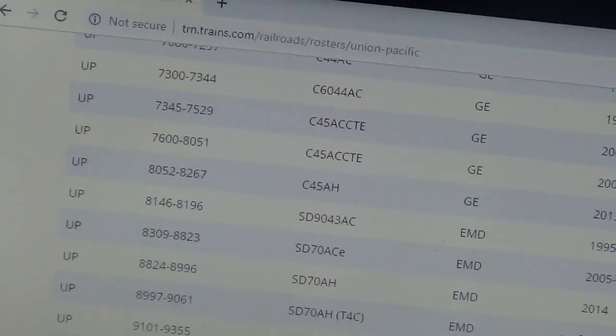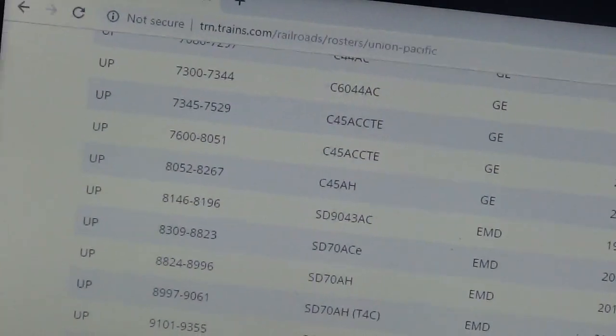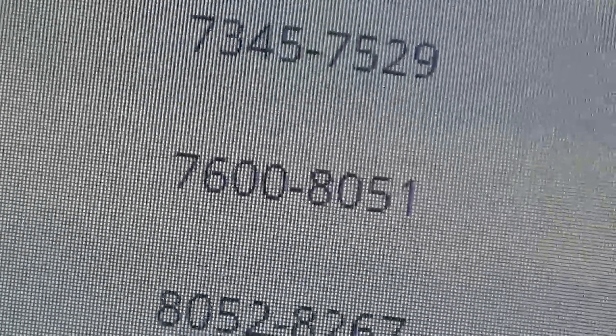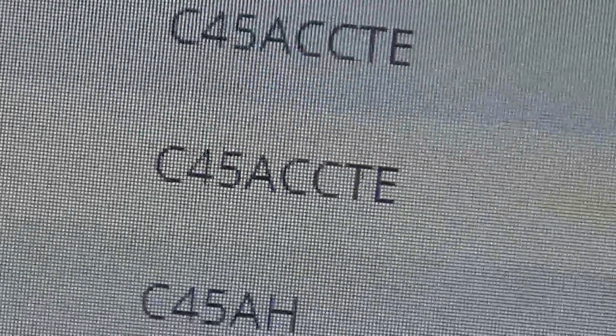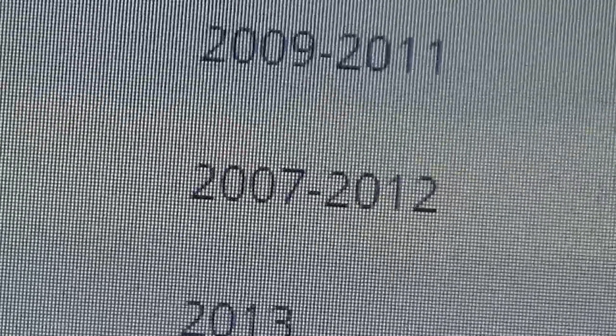But anyway, a locomotive roster will show, like I said, the initial, the number series that the locomotive type is in, then the locomotive type, then the company who built it, and then the date that the locomotive was built.